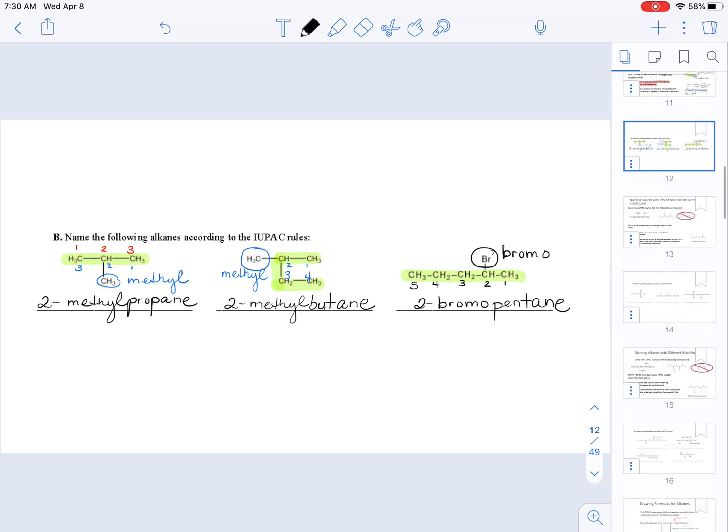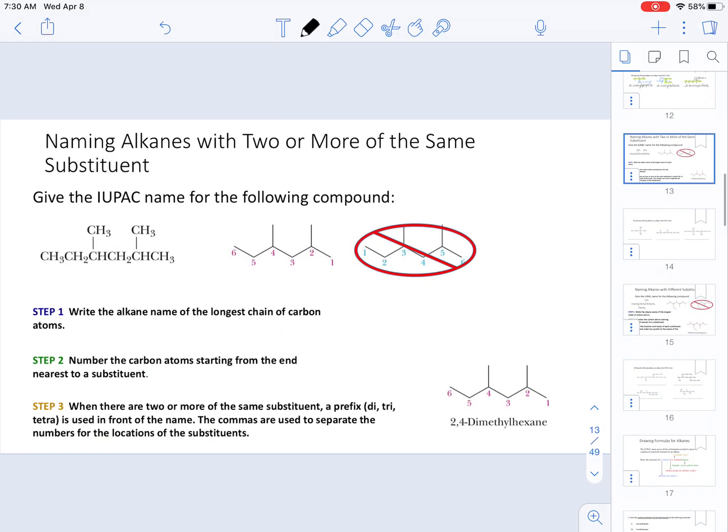Let's now learn how to name alkanes that have 2 or more of the same substituent. So as you can see, we have the condensed formula for the compound, and we have the skeletal formula for the same compound. Make sure that you practice condensed and skeletal formulas when you are at home.